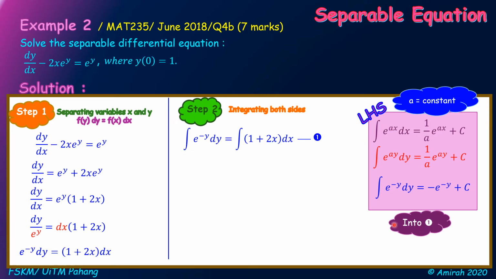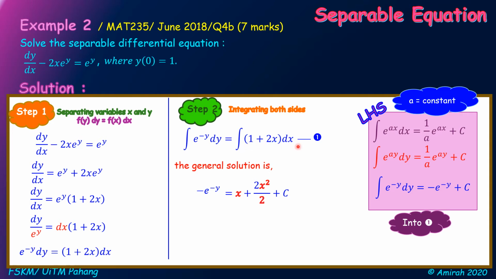After that, we can substitute into equation 1. The general solution is, we substitute the integration on the left hand side, which is negative e to the power of negative y, and then we can integrate the right hand side one by one.